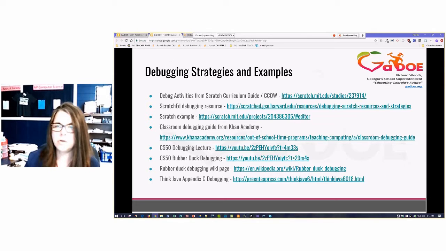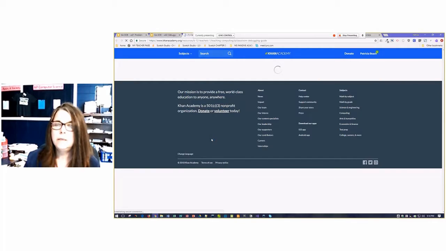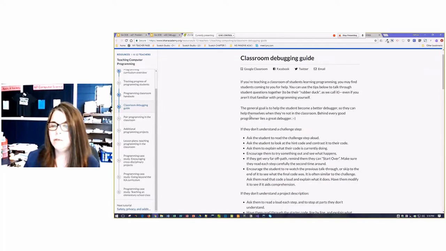Khan Academy has this debugging guide. This is kind of broad strokes for any programming you're doing. It reiterates what we've already talked about.